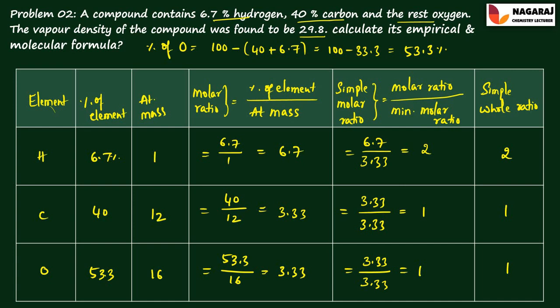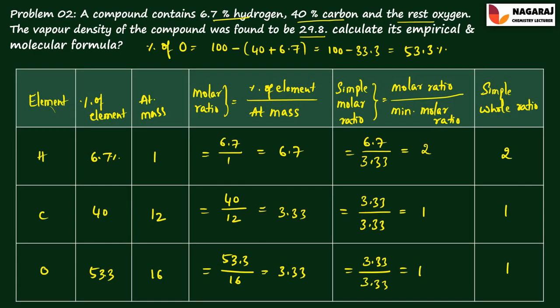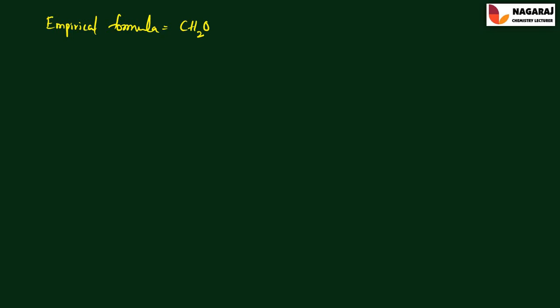That is, the empirical formula is equal to CH2O. That is, it contains 1 carbon, 1 oxygen and 2 hydrogen atoms. And let us calculate the empirical formula mass.